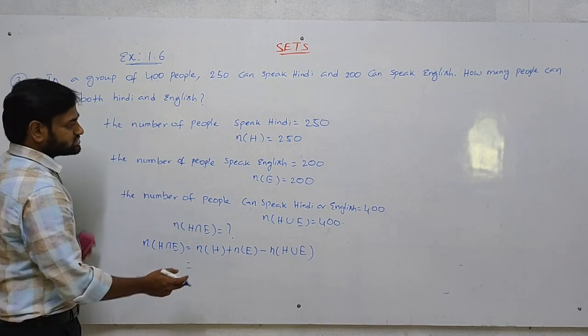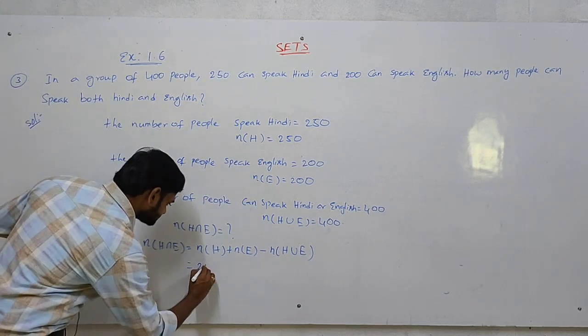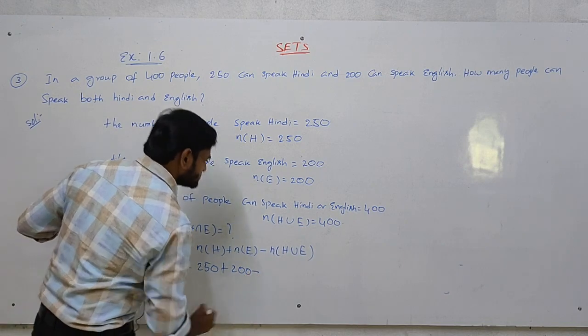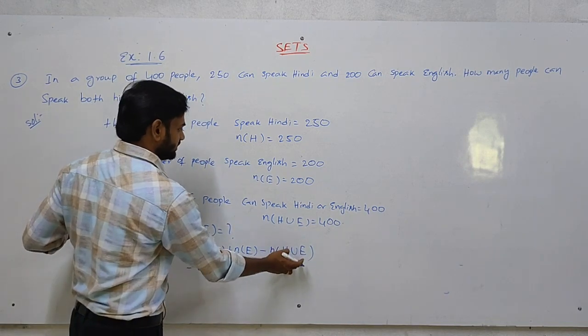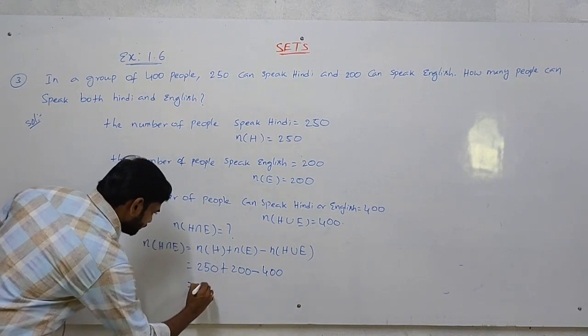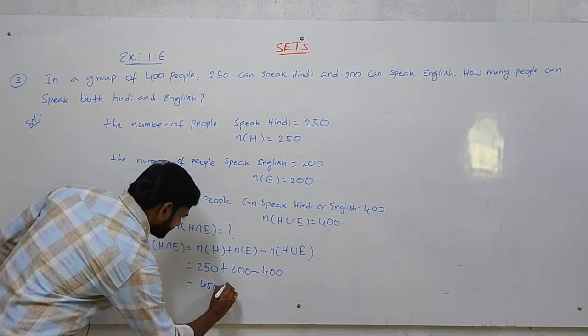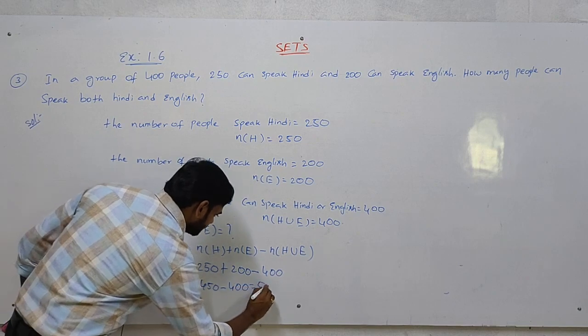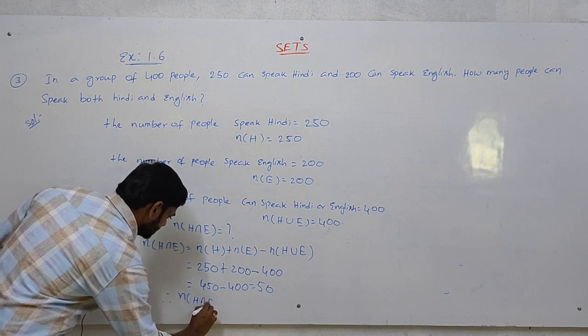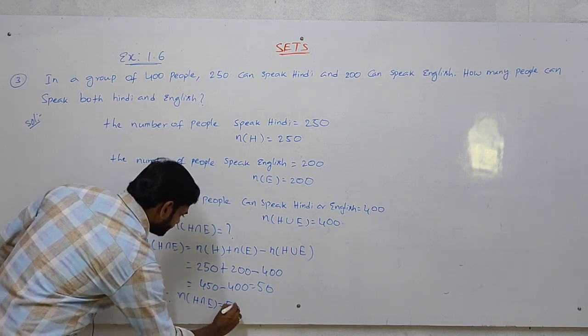N of H is 250, n of E is 200, minus n of H union E is 400. It is 450 minus 400, that is 50. Therefore, n of H intersection E equals 50.